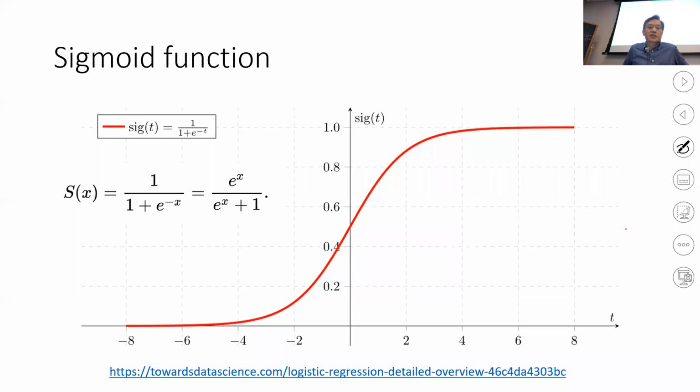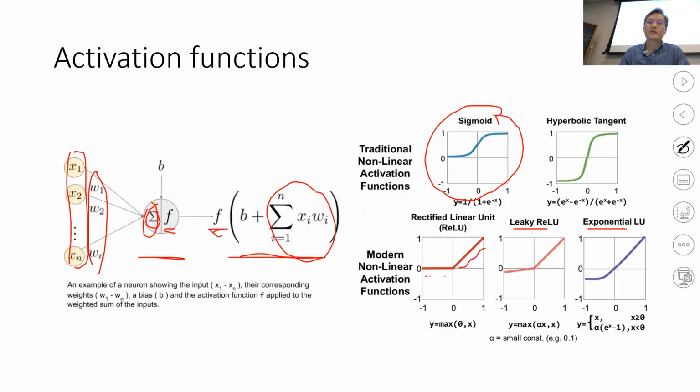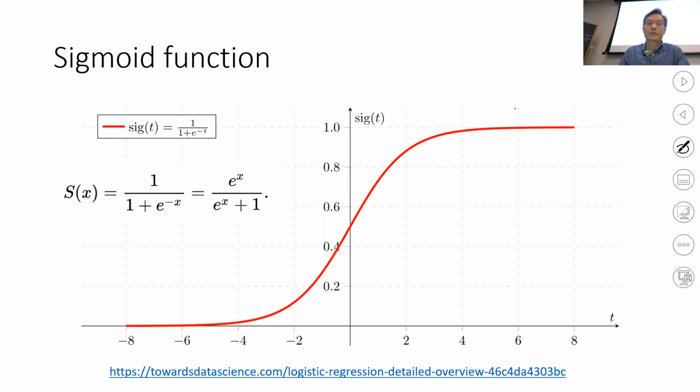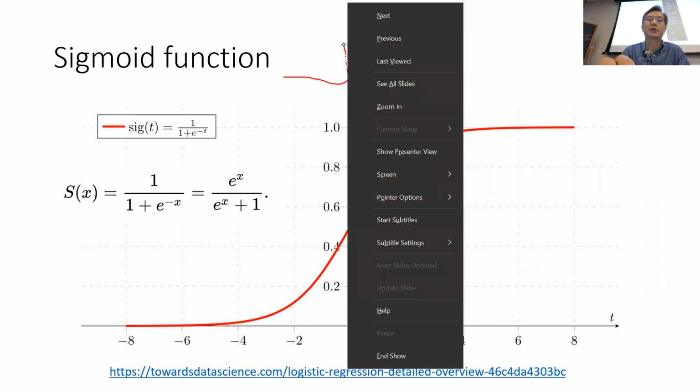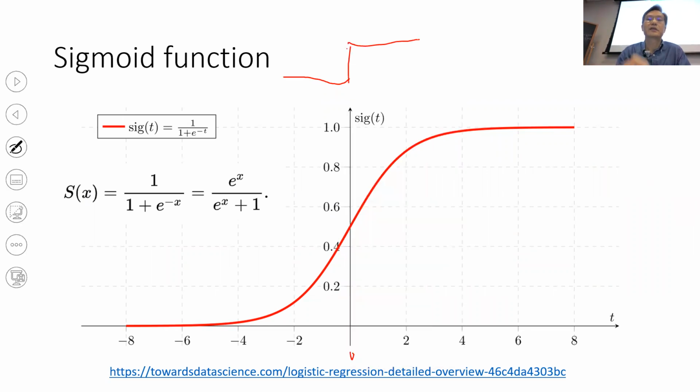The sigmoid function, the first one I showed you here, I think of as a soft cutoff. If you have a hard cutoff, that means at a certain threshold level, in the middle here, you have a sudden jump. That is the hard cutoff function.